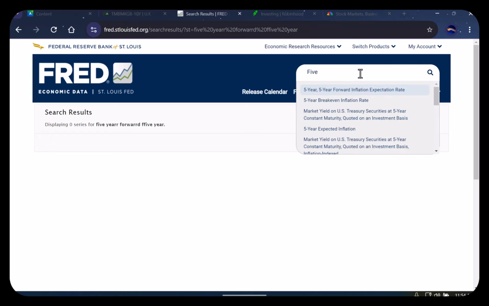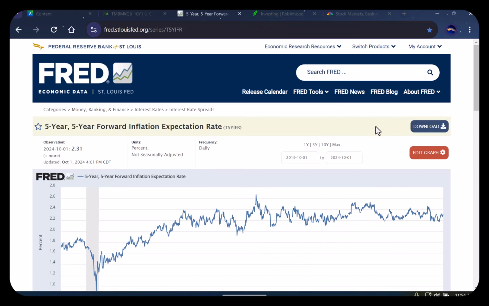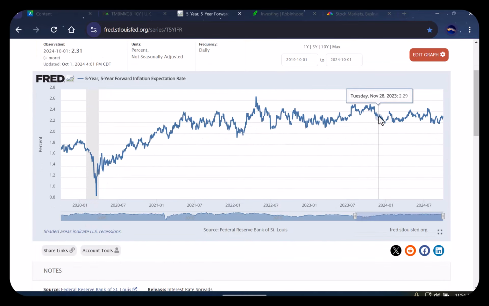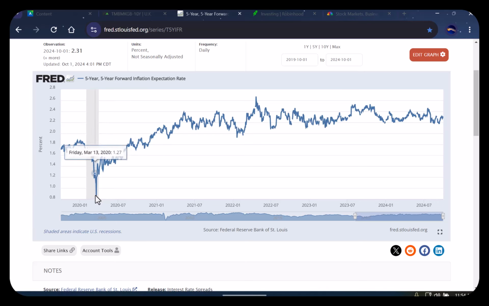There you go. This is over the last 5 years. During COVID times, that number was about 1.20, around one. Right now, it's about 2.30.